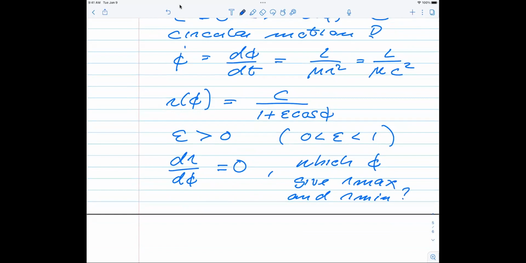If we take some 2-3 minutes and just take that derivative and then find the minimum and the maximum radius by just requiring that that quantity has to be 0. And that will clearly give us either the minimum or the maximum. So just take the derivative of the expression for the radius with respect to the angle phi. And then you ask what is the minimum value and which angles give you a minimum radius and which angles give you a maximum radius. So you need the expression for the derivative.